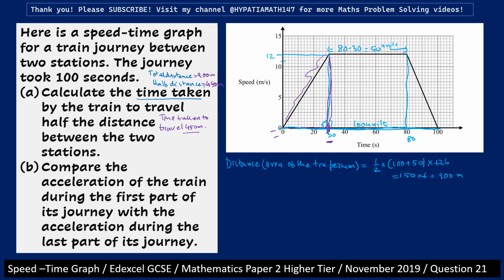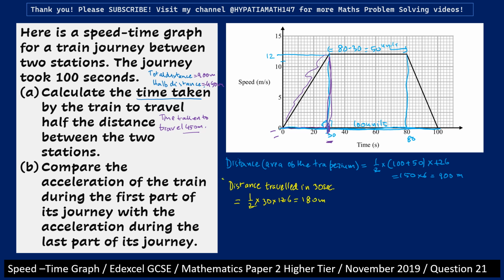So the area of the triangle, the distance traveled in 30 seconds, is half times base, which is 30, times the height, which is 12, so that is 180 meters.